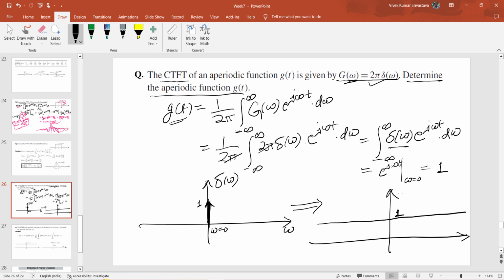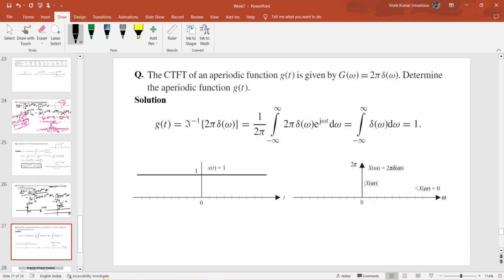The corresponding g of t is plotted here, a DC signal with respect to time. That's how you can determine the inverse problem as well. If a signal in the frequency domain is given to us, by using this relation we can easily evaluate the corresponding time domain signal. I hope this problem is clear to you.